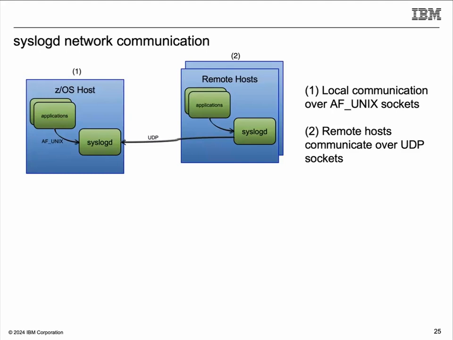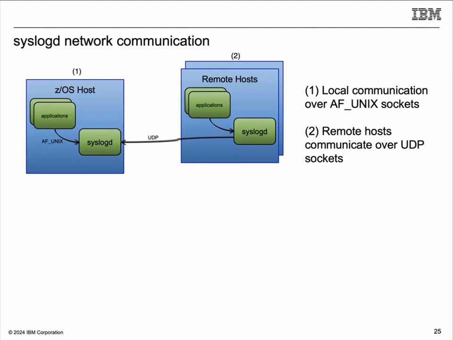In this case, the applications running on those remote hosts talk directly to their local syslogd, but that syslogd is configured to ship messages over to the syslogd running on the zOS host to consolidate things. As you can see, it is using UDP.